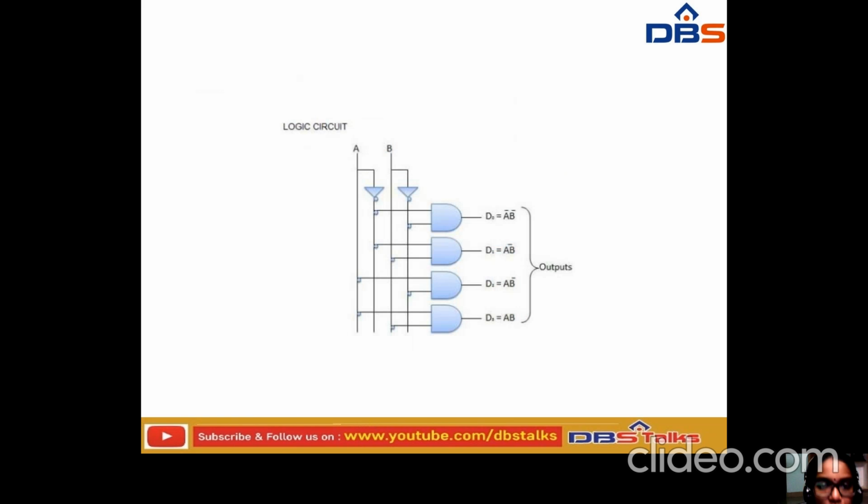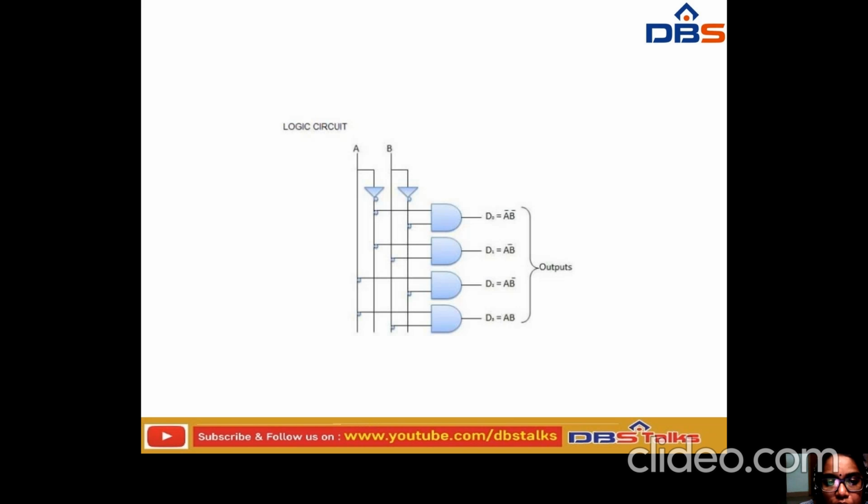So if you go for a logical circuit, this is a logical circuit for the decoder without using the OR gate. By using the AND gate itself we have drawn it. These are the possible number of combinations that we'll get here.